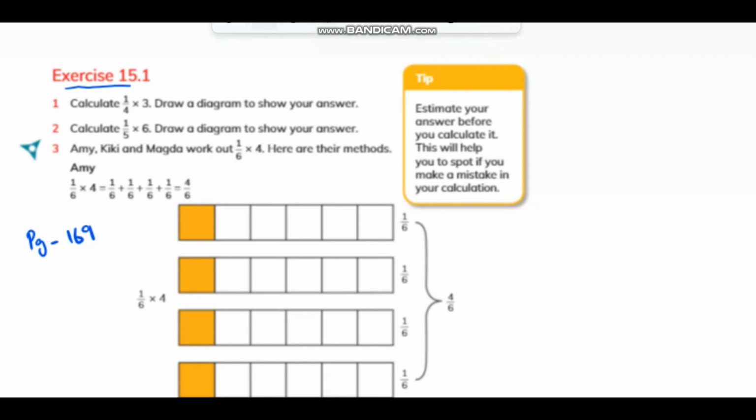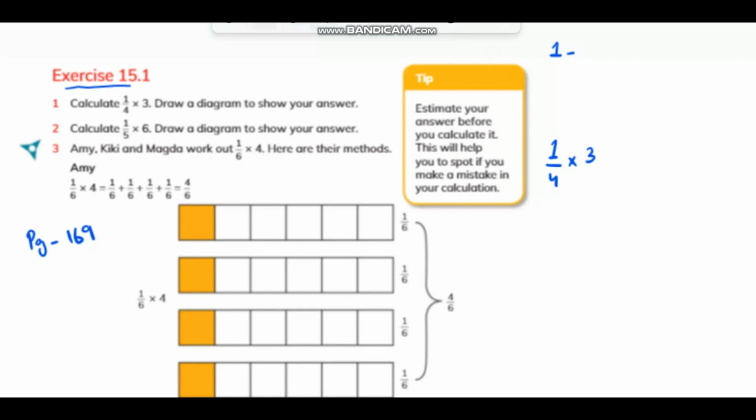Now look here, I'm going to write question number 1. He says 1 by 4 multiply by 3. Now I am going to draw 1 by 4. How can we draw 1 by 4?